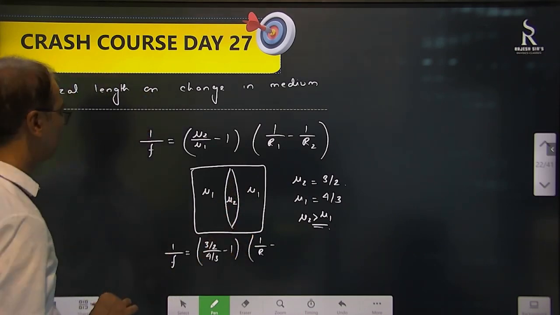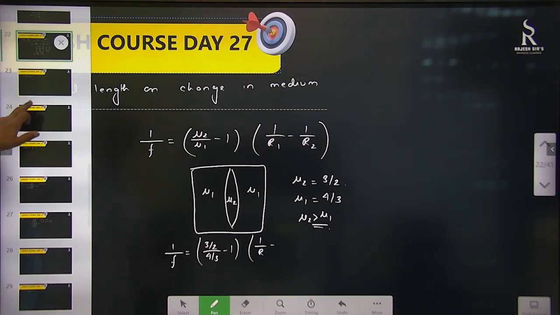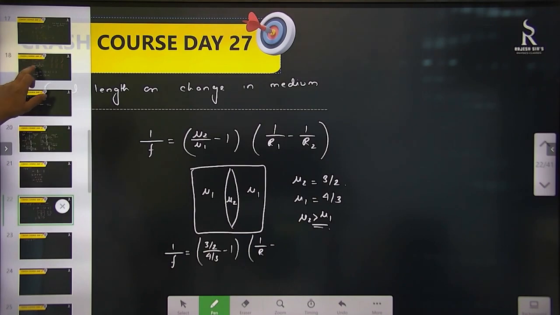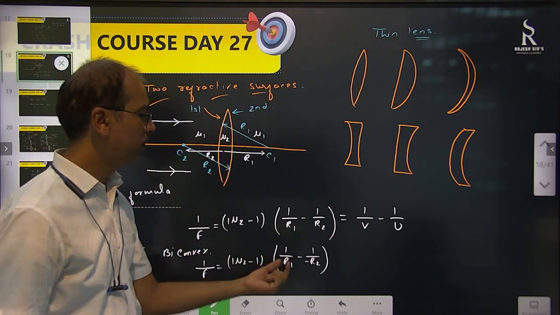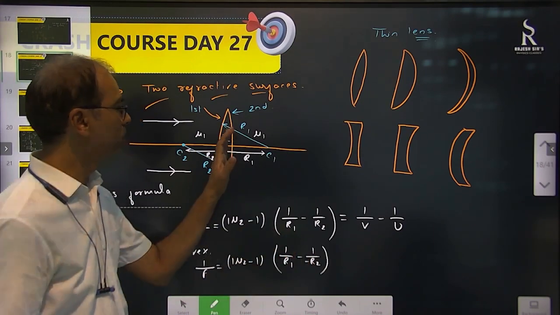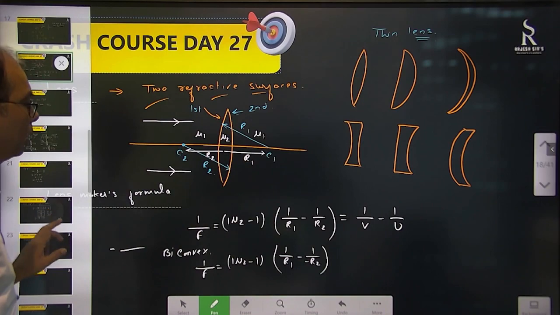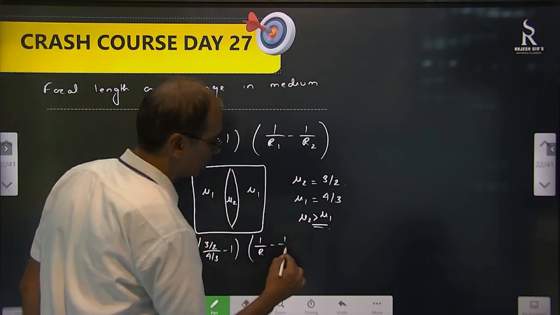If you remember the sign convention, how we showed you when we were talking about lens, for a biconvex lens, 1 by r1 minus 1 by r2, because r2 is on this side. The same thing if I do here, this is r2, and r2's value is also r, but what I will write? 1 by minus r.